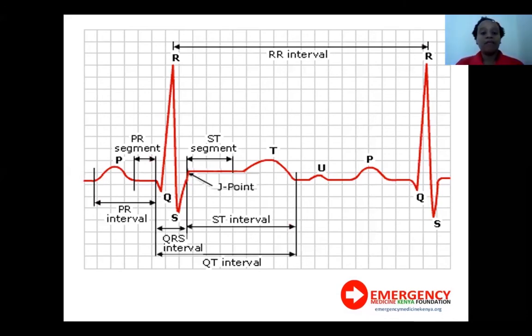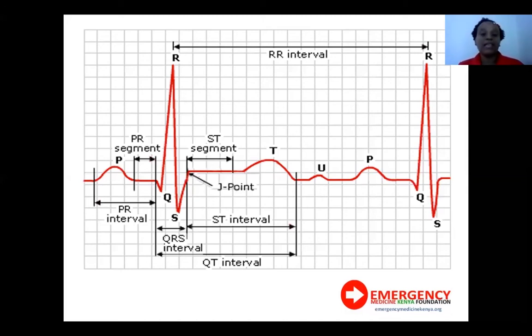And then we have the ST segment. This segment is very important, especially when we're having myocardial infarctions, which we are going to look at. When it is elevated, it is telling us there's something going on with the heart. There may be some blockage, there may be some narrowing, so we are able to know what could be going on.